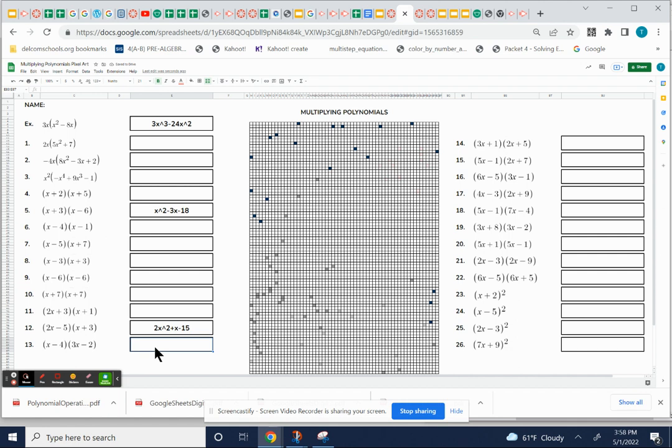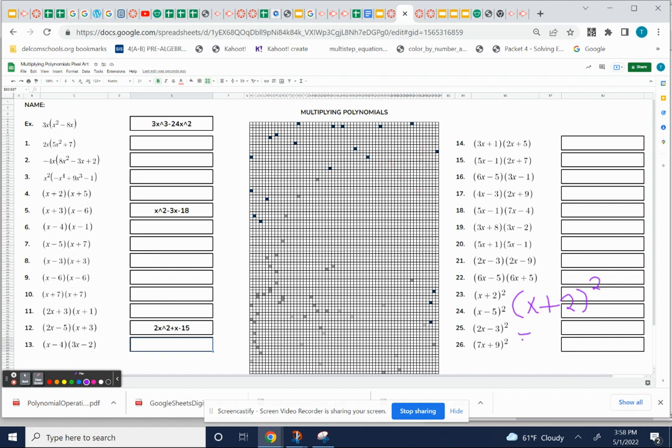The last thing, real quickly: the ones near the end, there is a shortcut, but if I had a problem like x plus 2 squared, since we don't really have time to show you all these shortcuts, I would just think of what it means when we take something and square it.